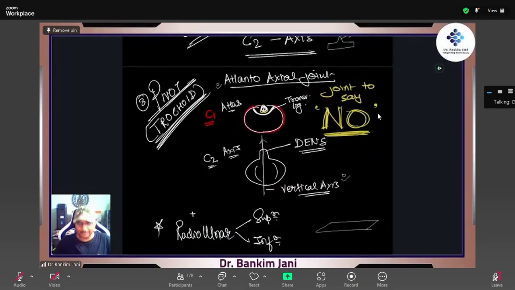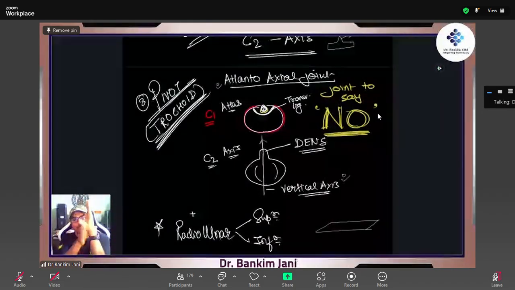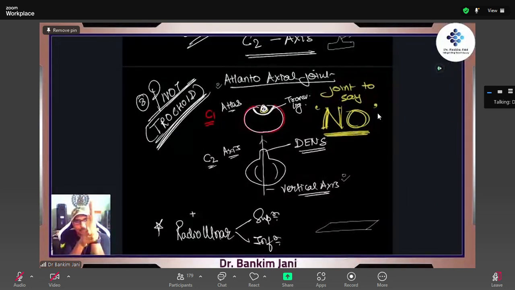So when you will be nodding yes, that would be the horizontal. Axis means what? Around which it moves. So if this is the long axis, when you say no, and this is the nose, then the nose moves like this. So this is the no, right? That is the vertical axis. Got it?